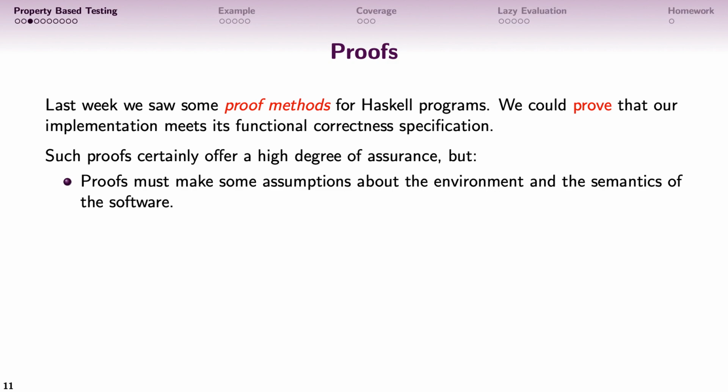So in order to prove it correct, they had to define what a C program means in terms of mathematics. And doing that is not necessarily an error-free process. So it's possible that there could be errors in the semantics they assigned to the programming language, as well as assumptions that are not true in the environment in which the operating system is running.